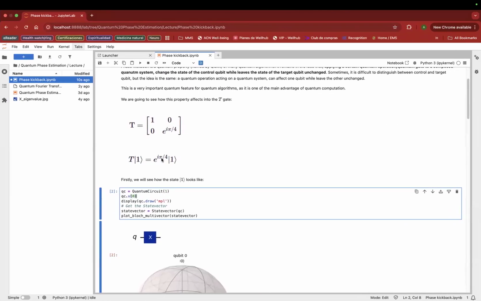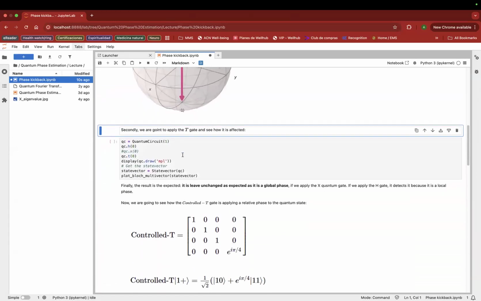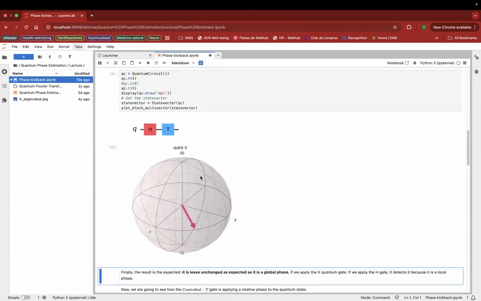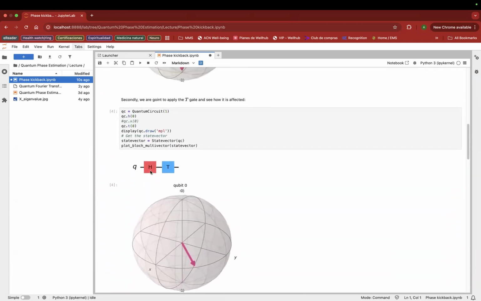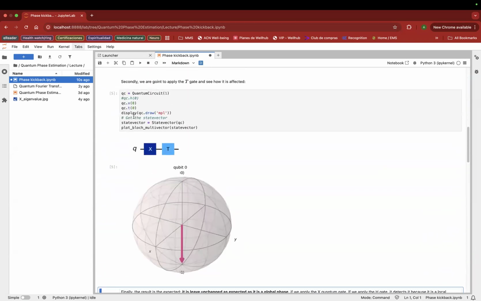We apply X, and then we apply the T gate. No, but this is not correct. If we apply X and we apply T, we don't get anything.